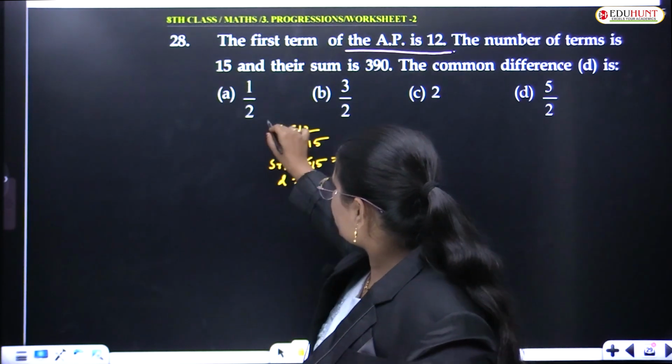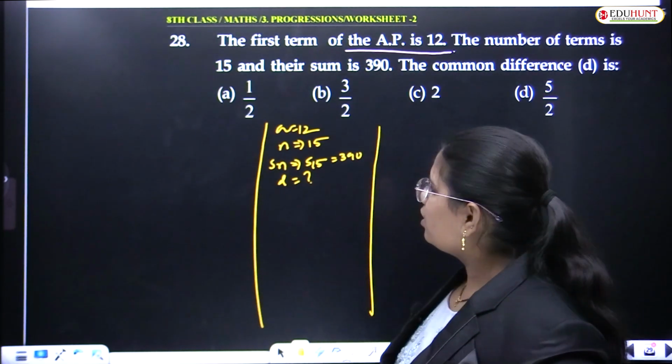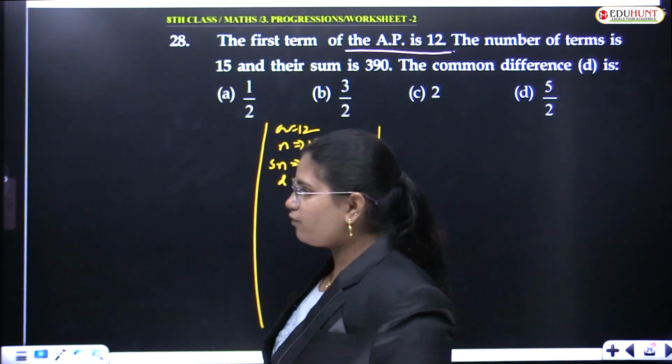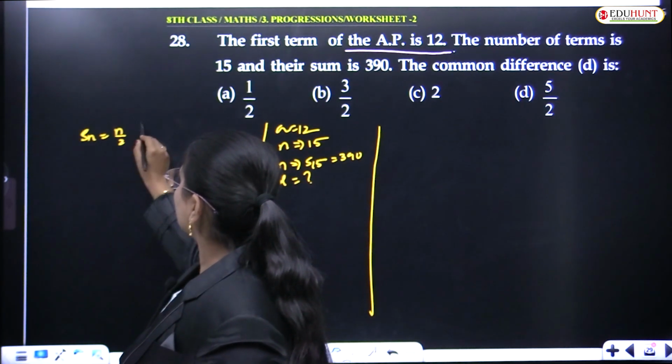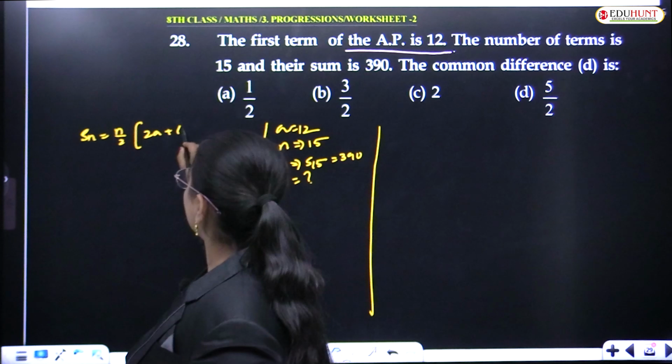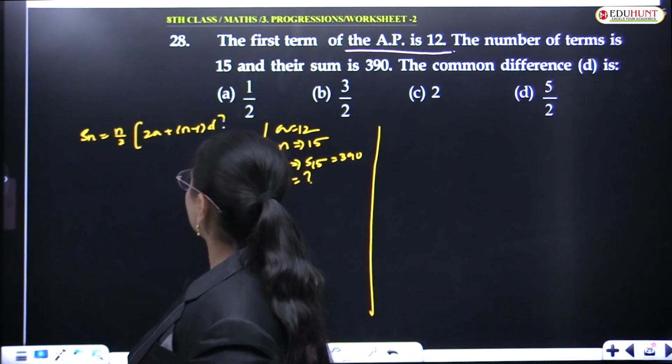Correct? The common difference d is what they were asking about. So a very simple calculation. This is given. Let me find out the value. What is the Sn formula? n by 2 into 2a plus n minus 1 into d. Correct?